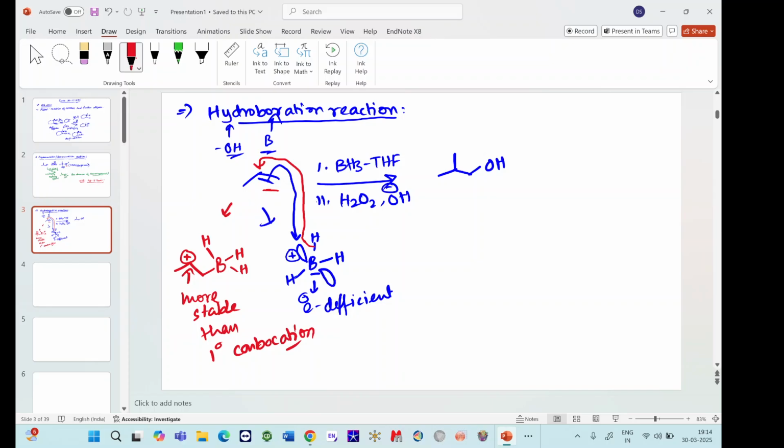So that is why this will be the major product, and your intermediate will look like BH2, or BR2 if you have substitution.